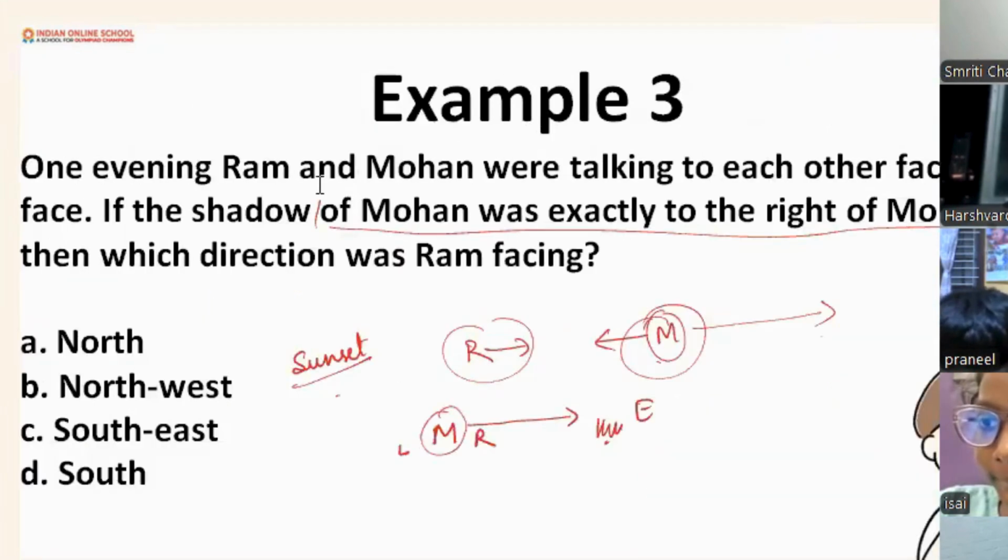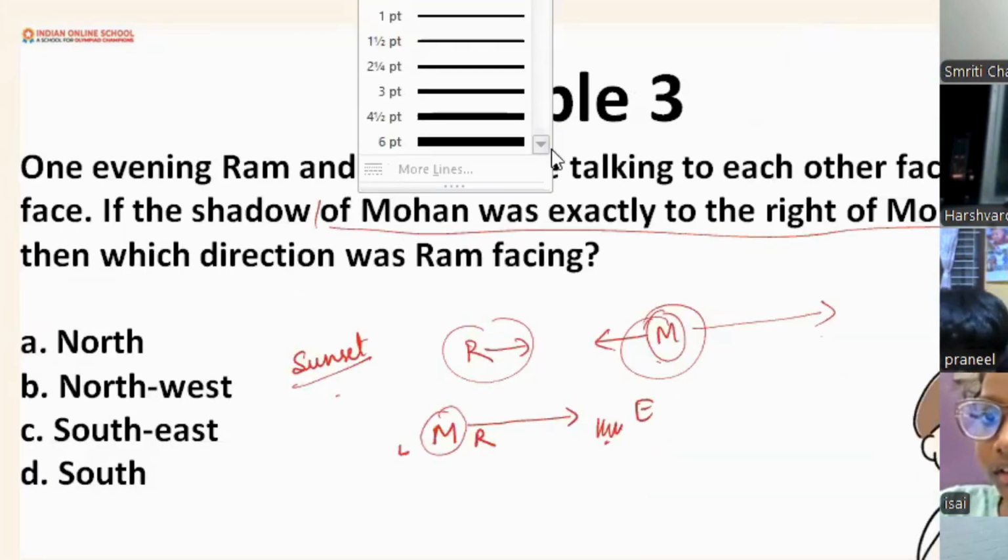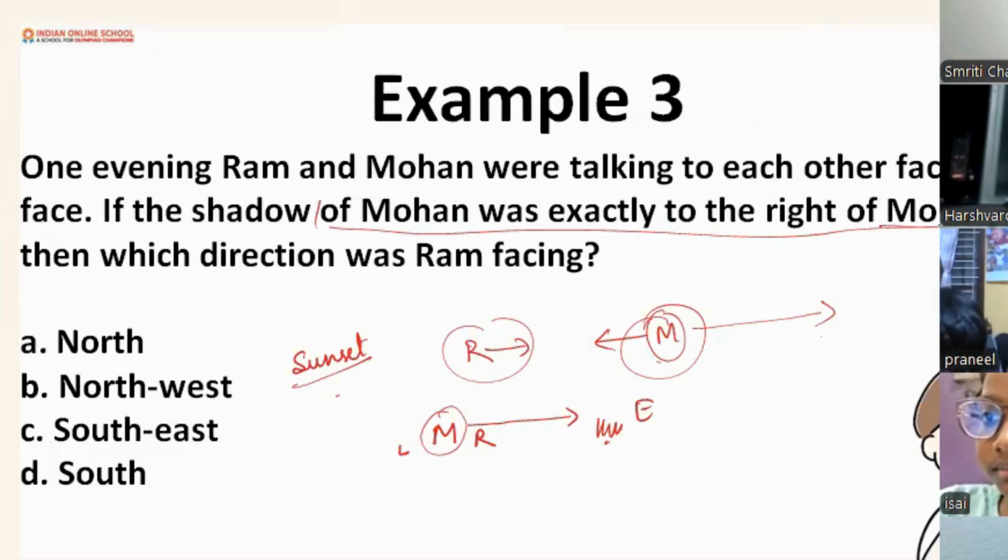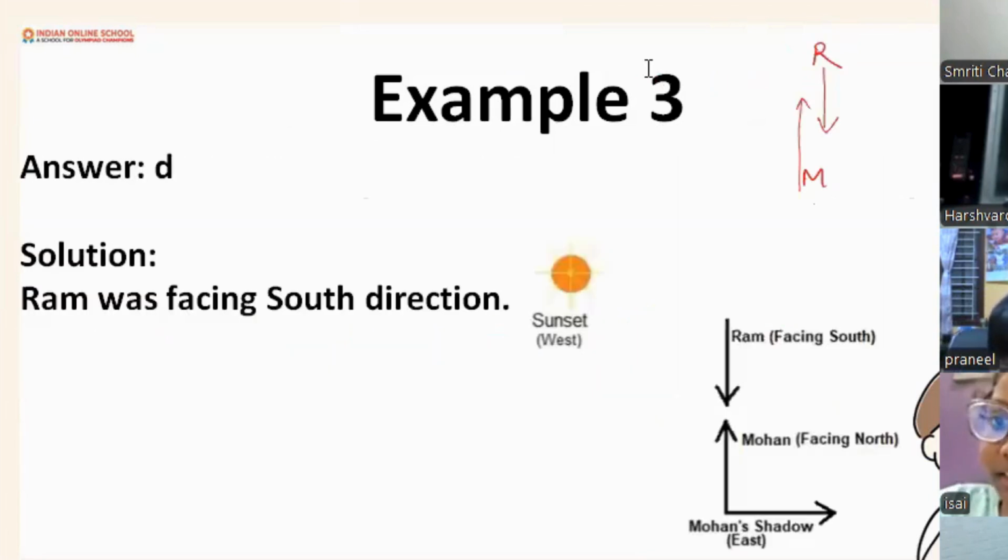And in this question also it is written that Mohan's shadow is to the right of Mohan, which means shadow is formed towards the right only, which means Mohan needs to face towards north direction only. Then only his shadow can be formed on the right direction. Understood now? And if Mohan is facing towards north direction, then that is very obvious: Ram needs to face towards south direction because they are facing each other.